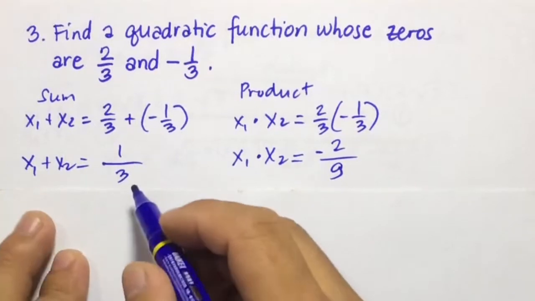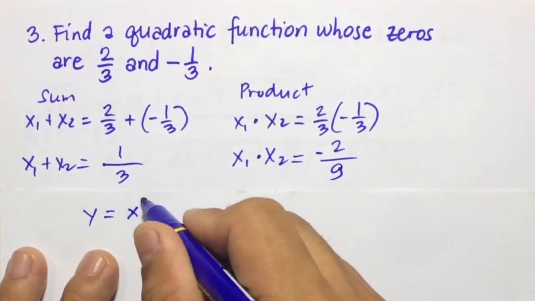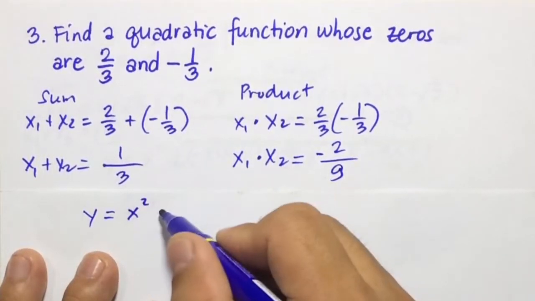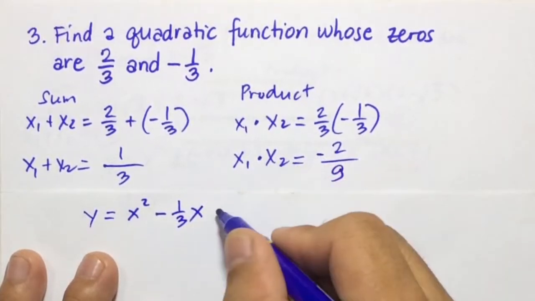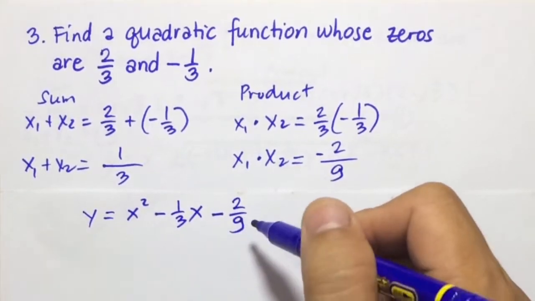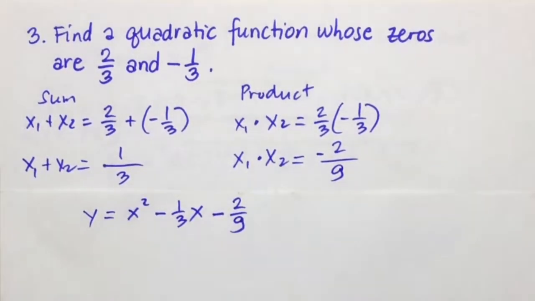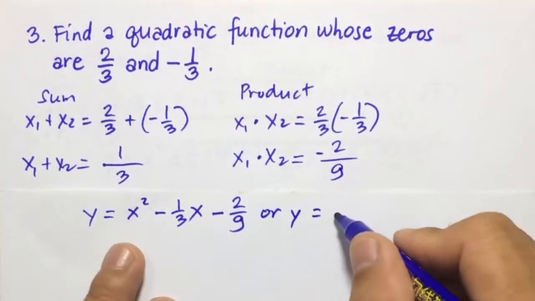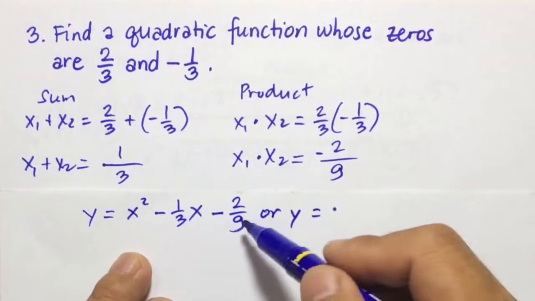So the required function here will be y equals x squared. Then the negative of this one is negative 1/3. So we're going to have negative 1/3 x, then minus 2 over 9. And if we're going to have the integral coefficients, we can have this one as y equals multiplying the function here with 9.